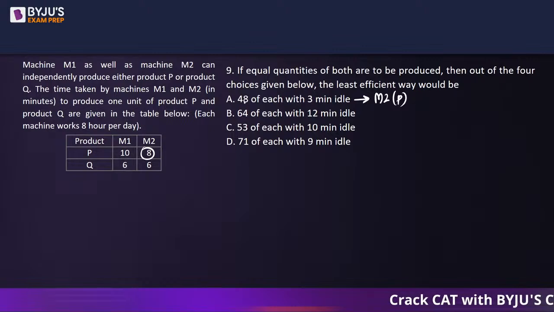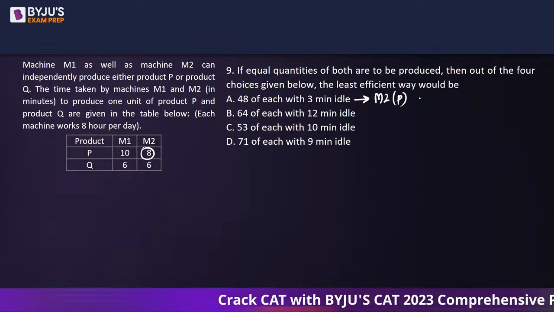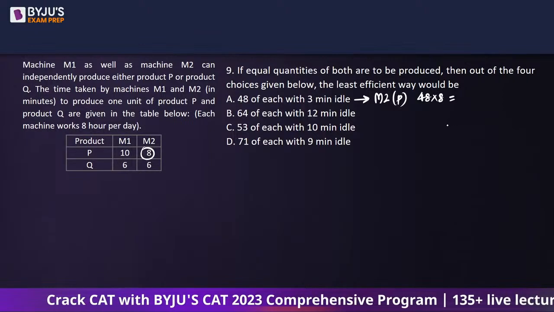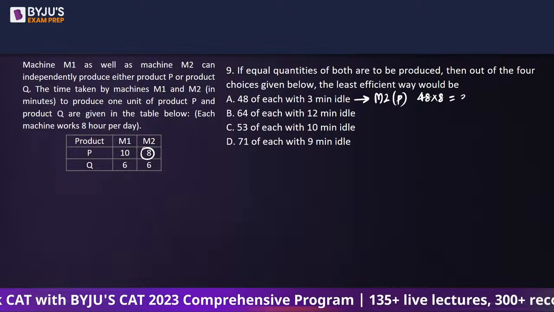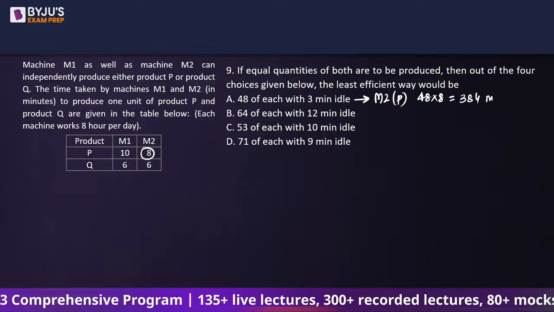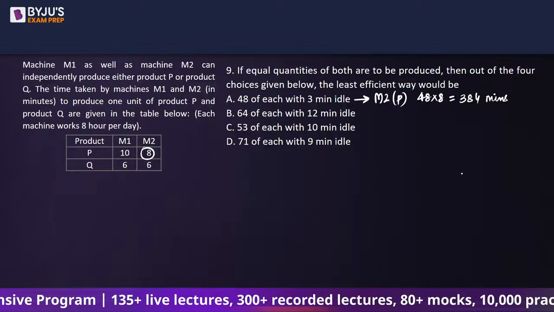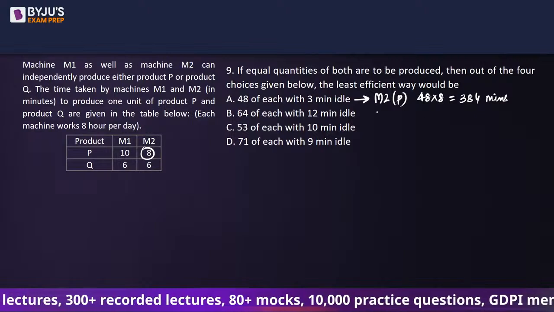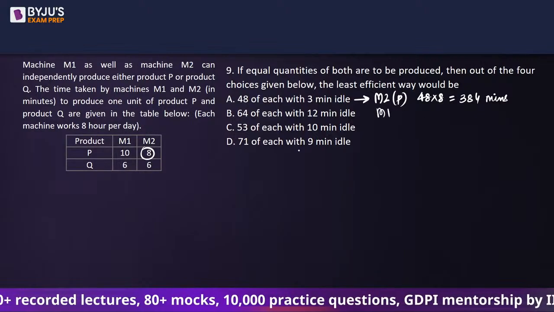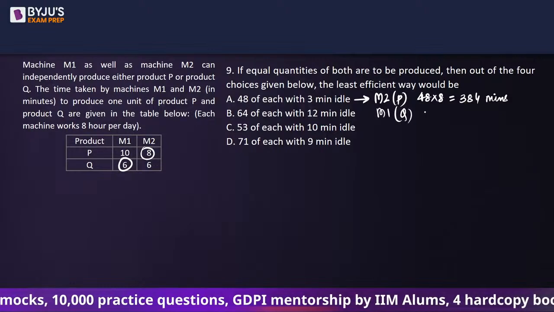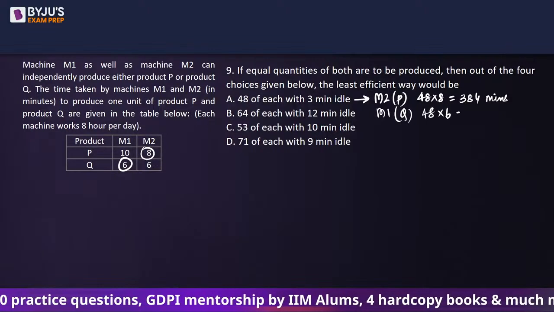So for 48 units, it will take 48 into 8 minutes, which is going to give us 384 minutes. Okay, and M1 will be producing Q. So 48 into 6.